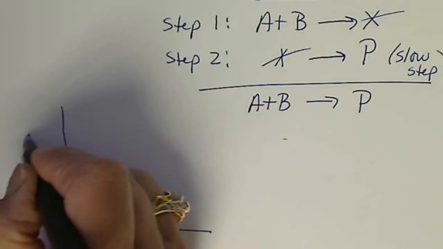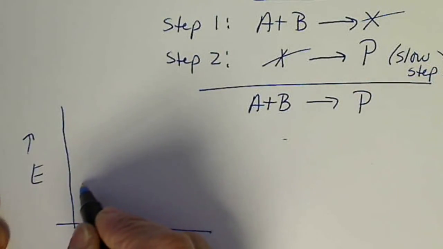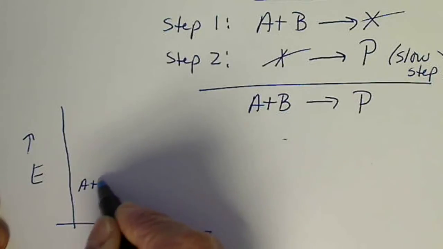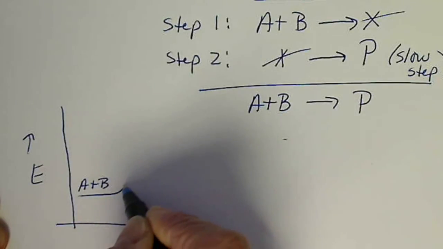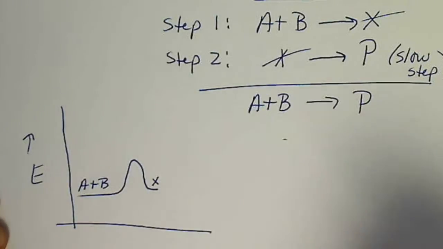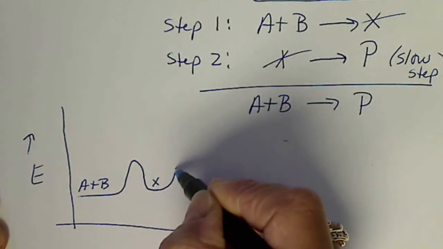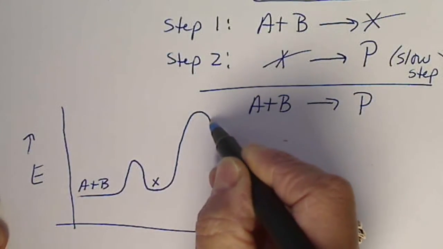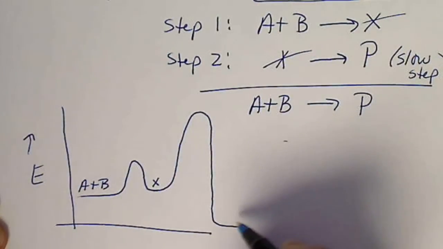Energy increases going in this direction, and if we start with A plus B right here, it might be pretty easy to get to the intermediate X. And then this step, the slow step, is going to have the largest energy barrier.